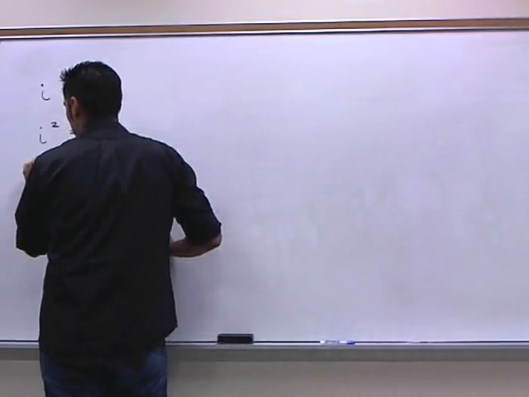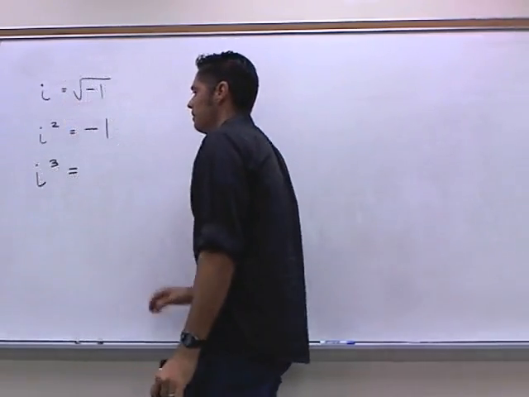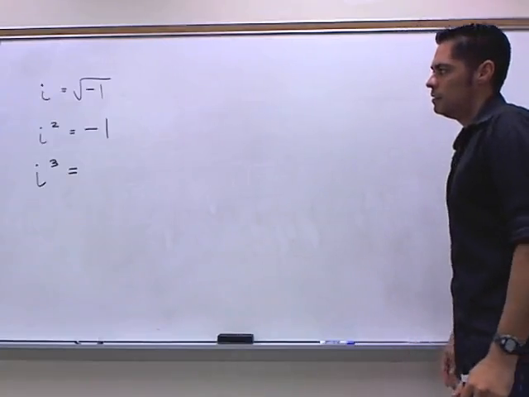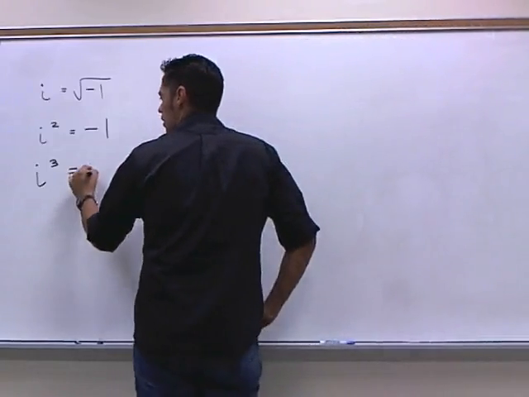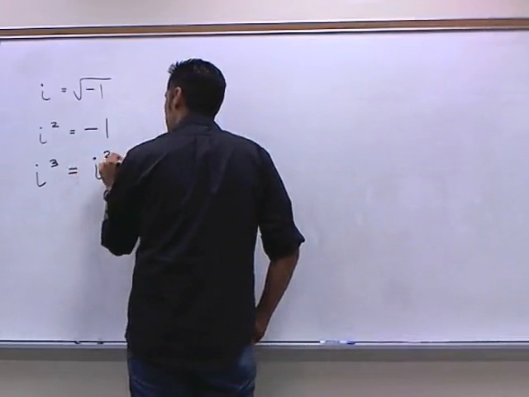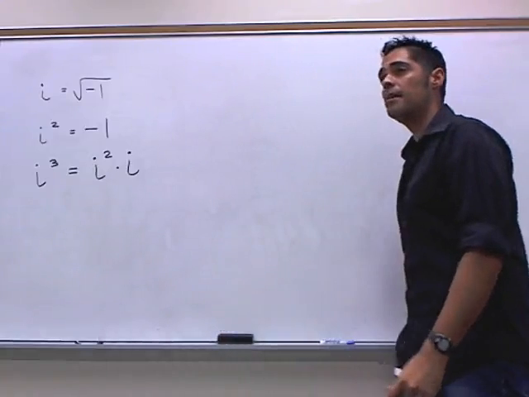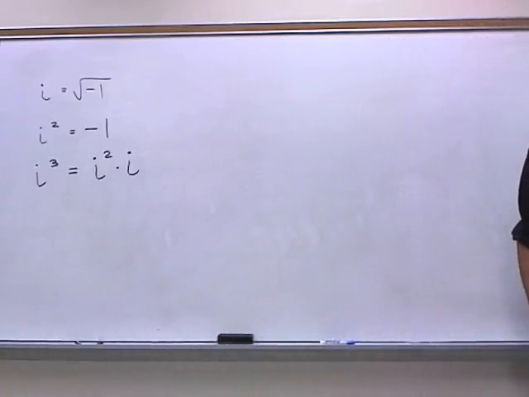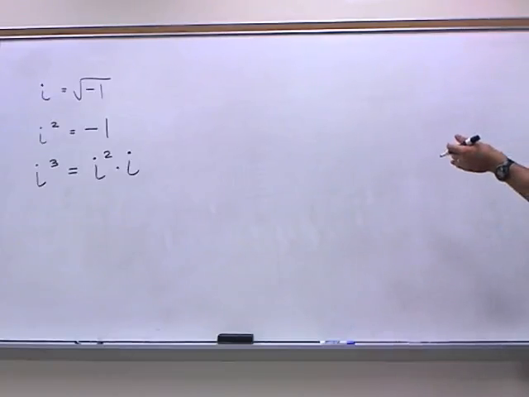What about if I cube i? What would I get? Tell me if you believe this. Do you believe that i cubed is the same as i squared times i? I would think so, right? That's like x squared times x is x cubed. So i squared times i should be i cubed.